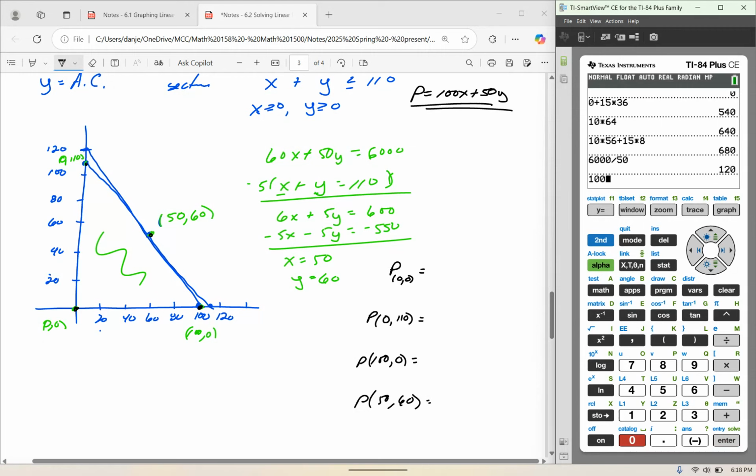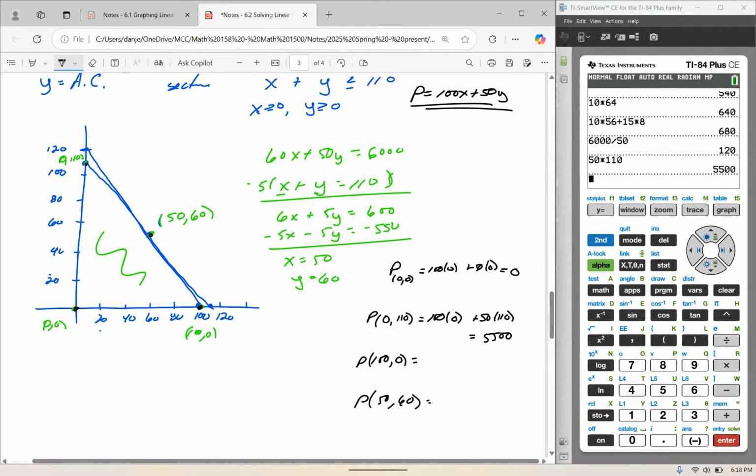So I have 100 times 0 plus 50 times 0 would be 0. I don't have to do that math. 100 times 0 plus 50 times 110. Let's just go ahead and do that. 50 times 110 is 5,500. Then I have 100 times 100 plus 50 times 0, which is 100 times 100. That would be 10,000.